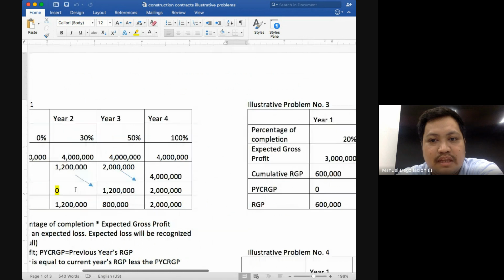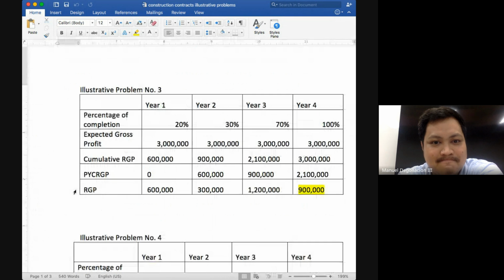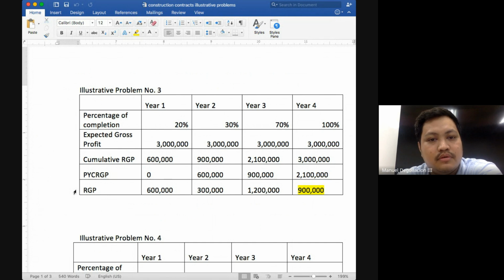Let's proceed to illustrative problem number 3. Okay, so class, let me not repeat the same explanation, class. Illustrative problem number 3, percentage of completion are already given, expected gross profit already given, and it remained constant.